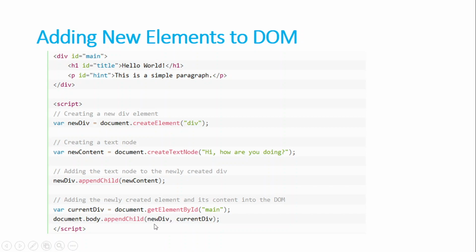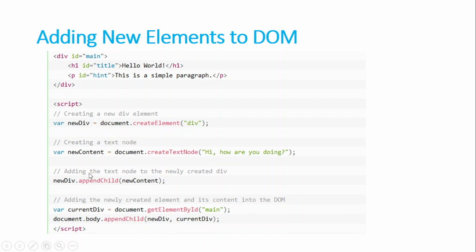The content that I want to append is newDiv, the new element, and then I specified the parent container in which I want to append it. So currentDiv is the element in which we want to append this newly created element.